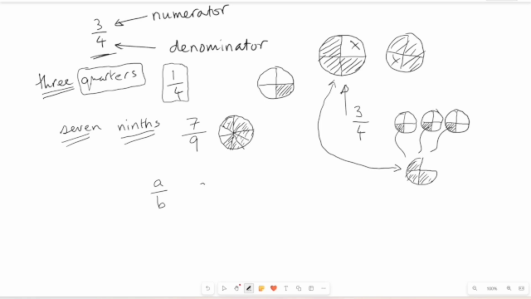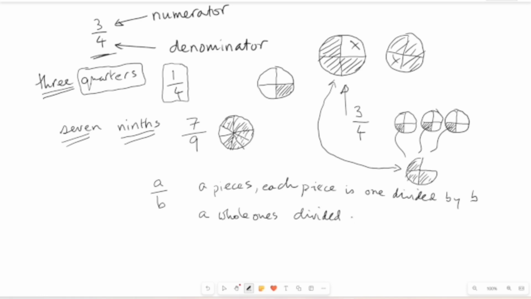It's either a pieces where each piece is 1 divided by b, or we can think of it as a whole ones divided by b.